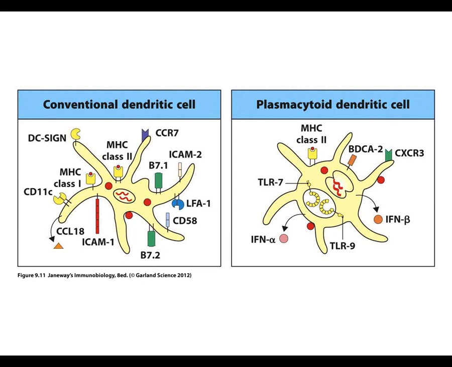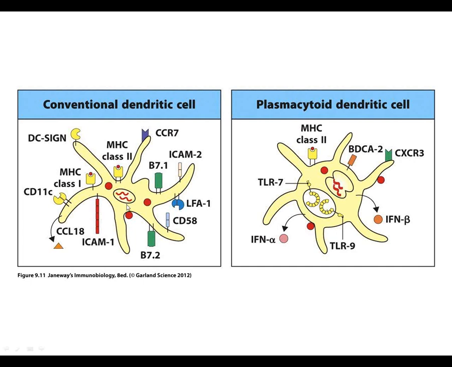I think we talked about this earlier, but there are 2 types of dendritic cells: conventional dendritic cells and plasmacytoid dendritic cells. Actually, I think there are 4 subtypes of dendritic cells. The difference between conventional and plasmacytoid is function. Plasmacytoid cells specialize in secreting interferon, and that's how they do their job.